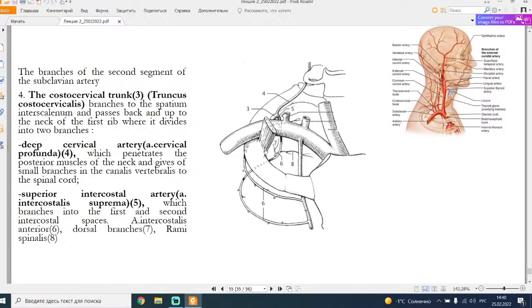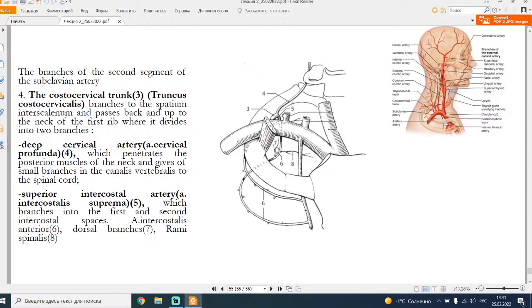Next branch, what you see? You see 5. Arteria intercostalis suprema, which branches into the first and second intercostal spaces. Arteria intercostalis anterior, what you see?